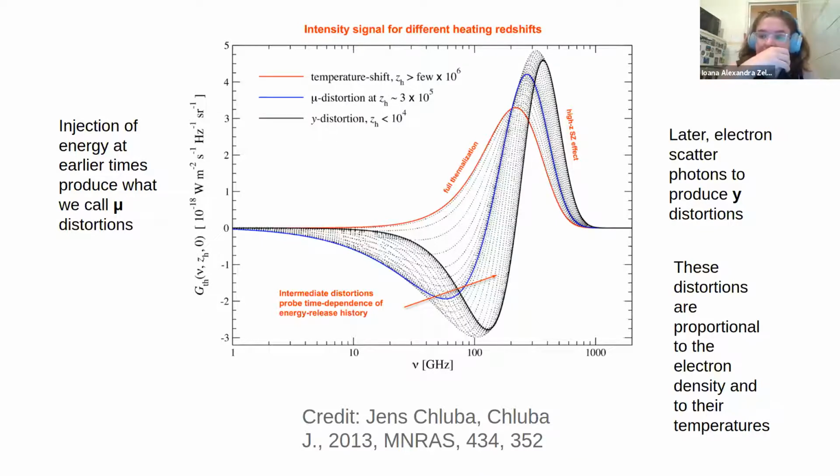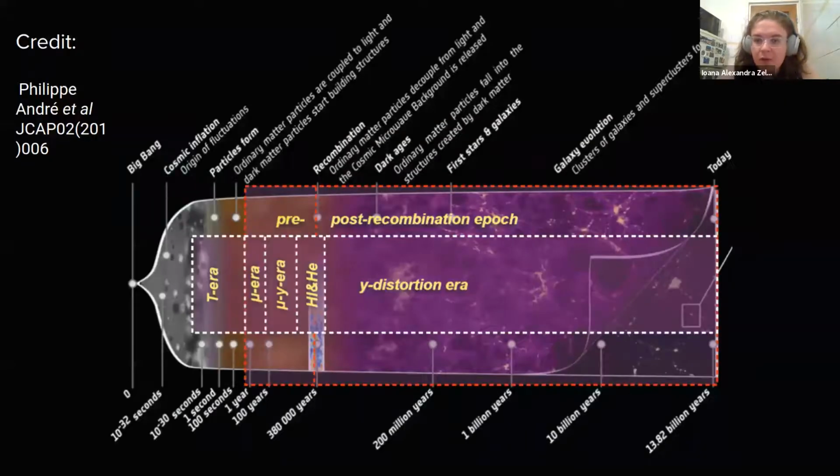But we can also see Y distortions at the beginning, when the density is low, but the temperature is high. So throughout this history of the evolution, we get these distortions happening either before or after the CMB was emitted. They leave an imprint on the spectrum of the cosmic microwave background.